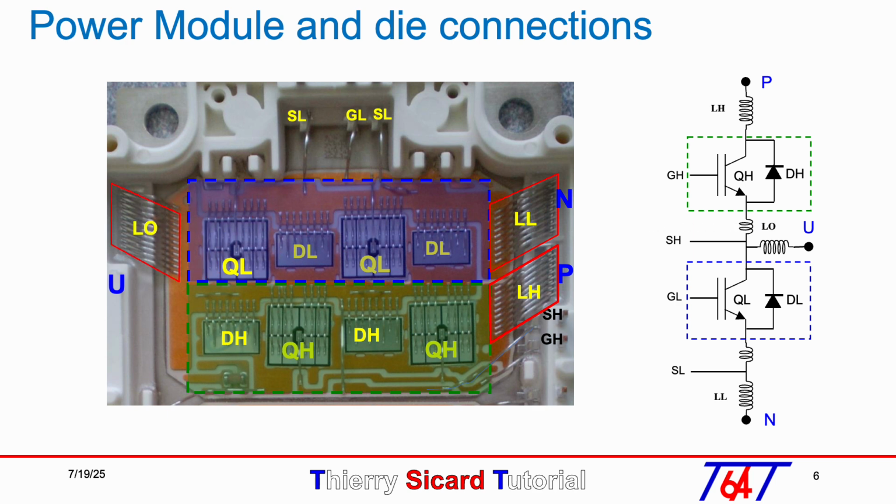In the yellow box, we indicate the emitter inductances for QH and QL. The LL and LH inductances are approximately 15 nanohenry, and the internal bonding source inductance is close to 1 nanohenry. We then highlight the source sense inductances SL and SN.